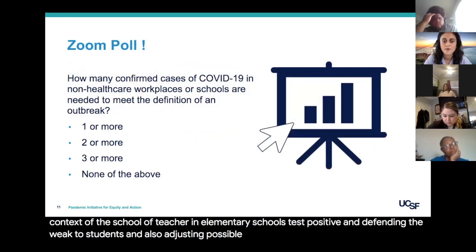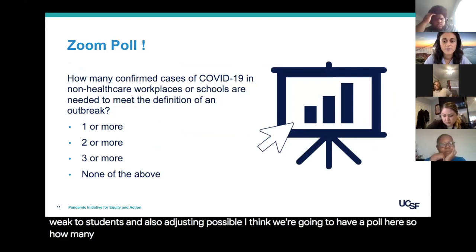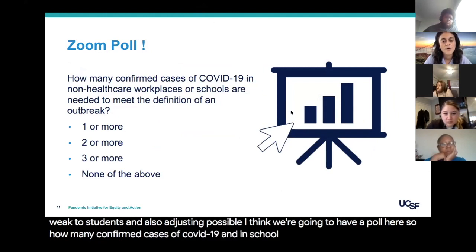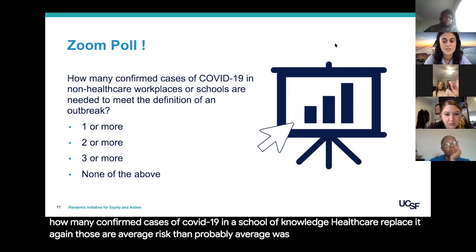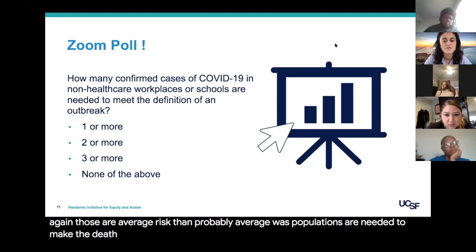Okay, so I think we're going to have a poll here. How many confirmed cases of COVID-19 in a school or non-healthcare workplace, and again, we think probably average risk populations, are needed to meet the definition of an outbreak? So go ahead and respond.